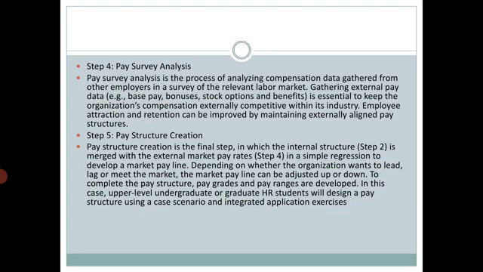In this case, upper level undergraduate or graduate HR students will design a pay structure using a case scenario and integrated application exercises. See, this step is a combination of the second step and the fourth step. What does it mean?